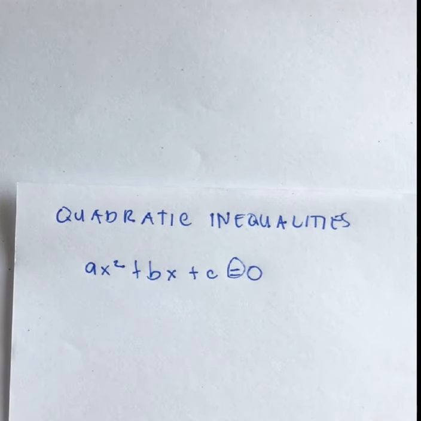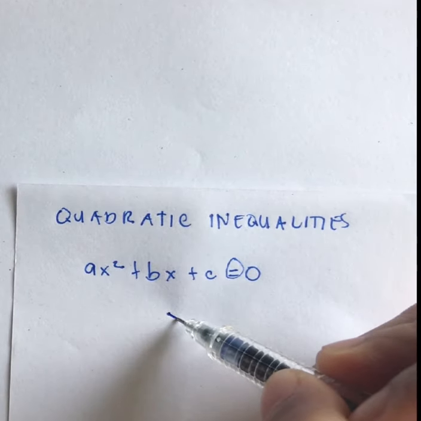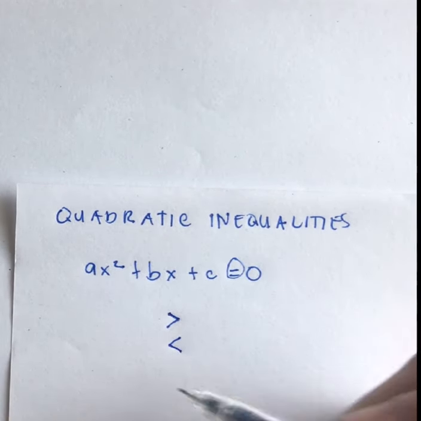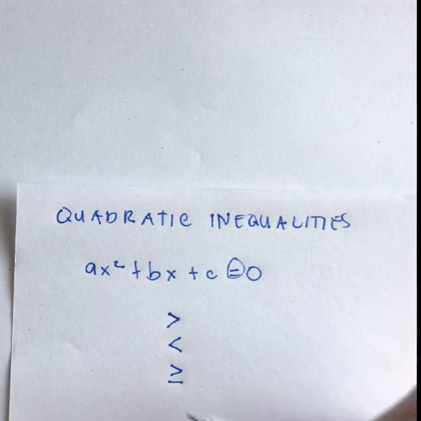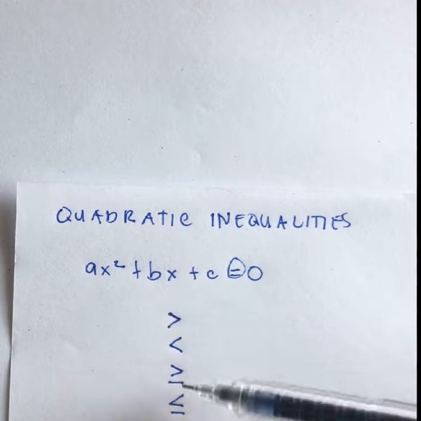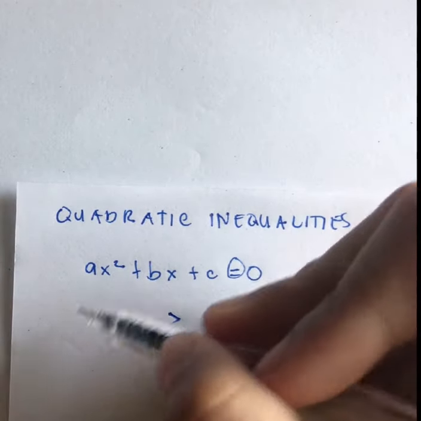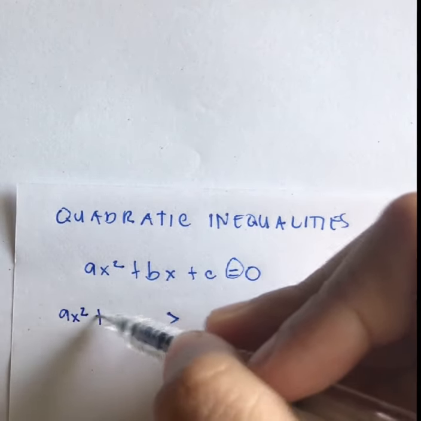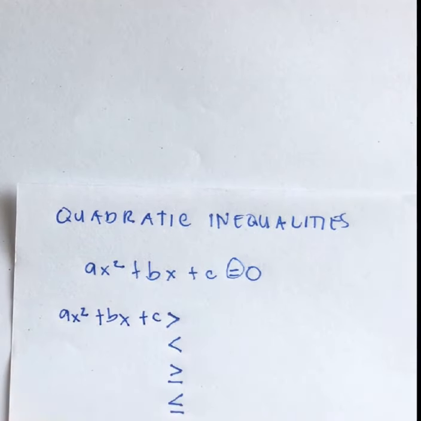But when we say quadratic inequalities, it uses the signs greater than, less than, greater than or equal, and less than or equal. So when we see quadratic inequalities, we only have to change the equal sign into these signs. So ax squared plus bx plus c is greater than 0.